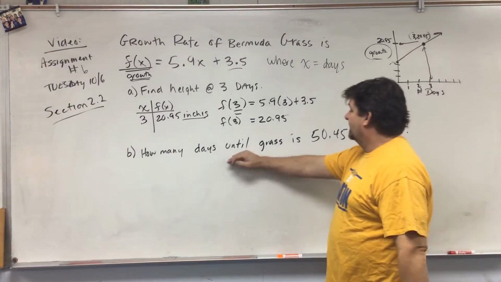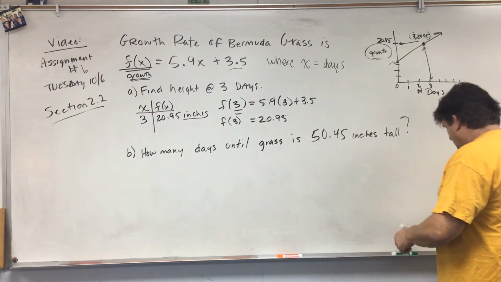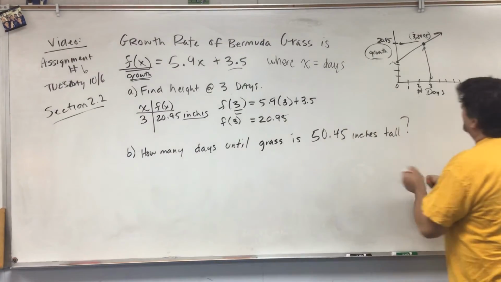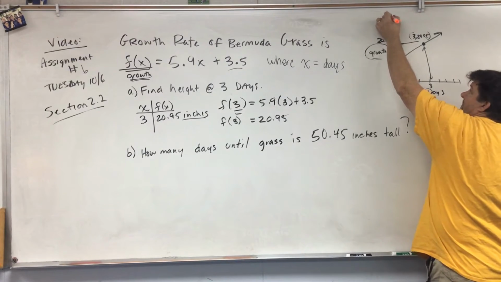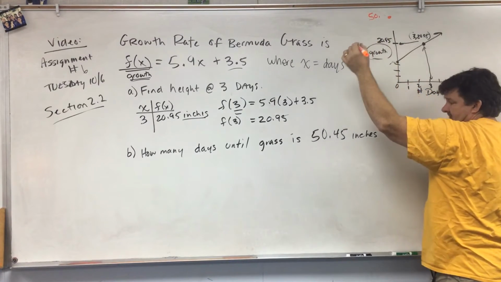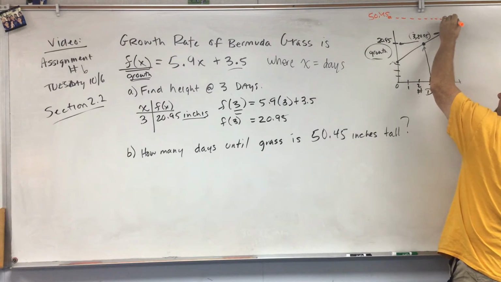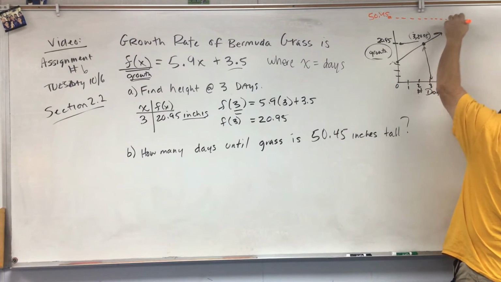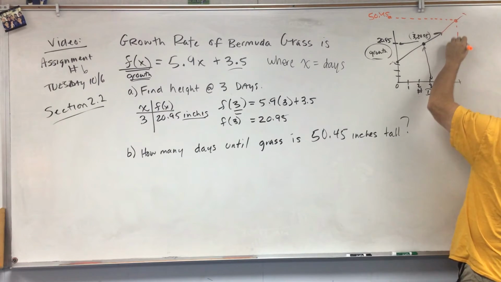All right, so this one is a little different. How many days until the grass is 50.45 inches tall? So I know orange may not be very visible, but if we go all the way up to 50.45, we go over here, and then it's going to meet up with the line somewhere right here, and we're going to come down.